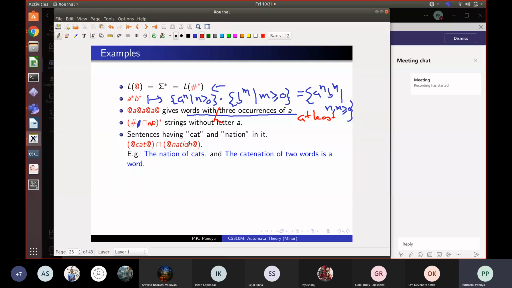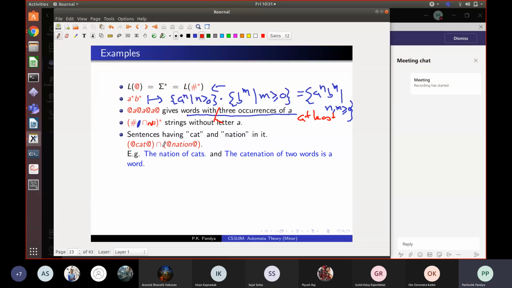So I will define it as what? I will say arbitrary string followed by cat followed by arbitrary string. And then these arbitrary strings, any sequence of English characters, including blank, comma, etc., can occur. Here I define all those strings where nation occurs somewhere inside it, right?